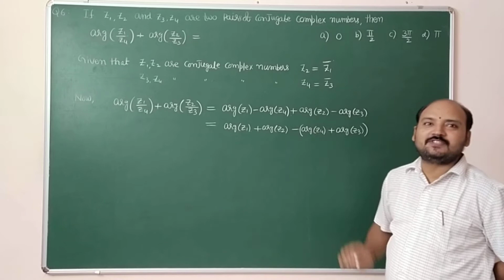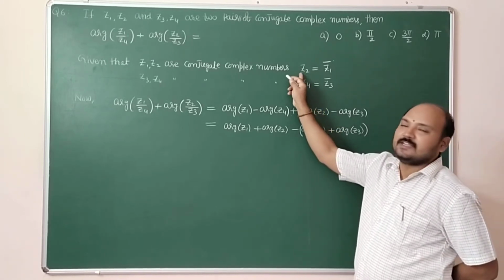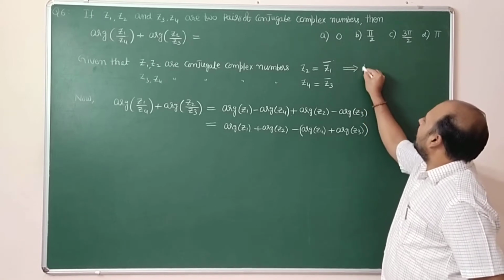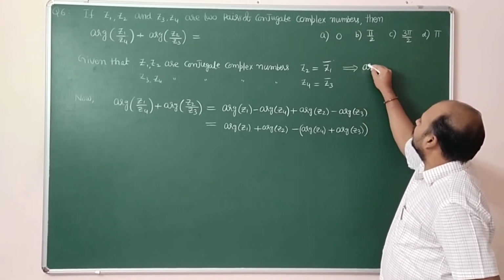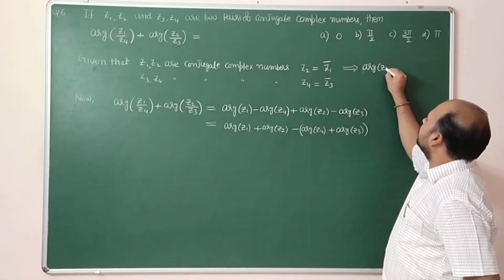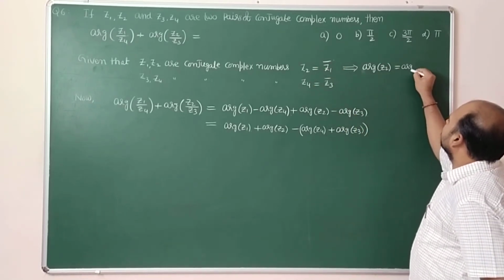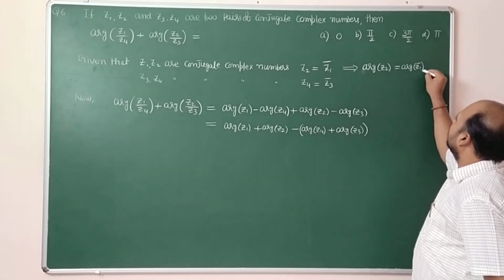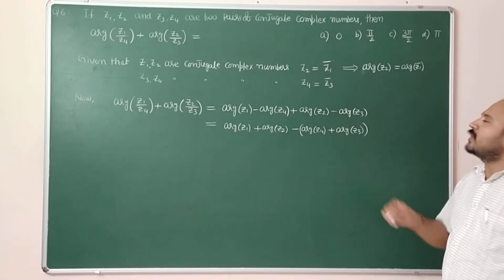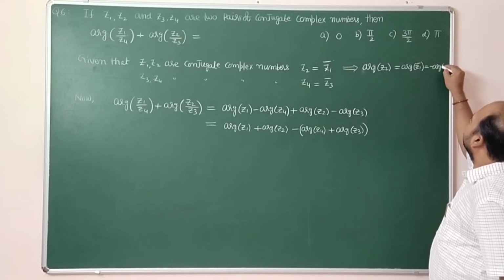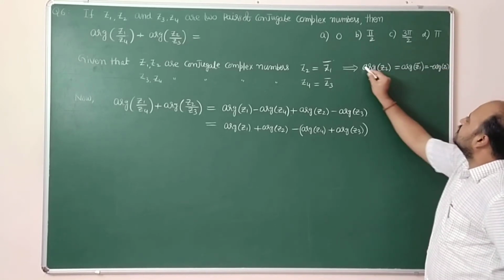After completing this step, based on the condition Z2 equal to Z1 bar, that implies taking argument on both sides, argument of Z2 equal to argument of Z1 bar. Argument of Z1 bar can also be written as minus argument of Z1. This is important.